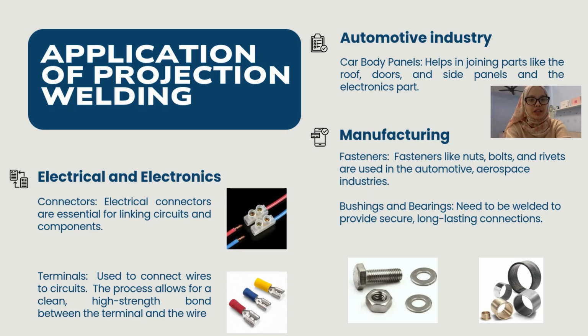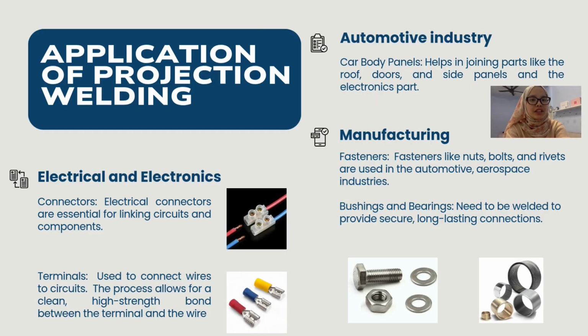For example, in car body panels, it is used to join roof, doors, and side panels with minimal distortion and high strength. In electrical components, it ensures reliable connections for terminals, connectors, and relays, especially with thin materials like copper and aluminum. Its efficiency and consistent quality make it ideal for high volume automotive production.